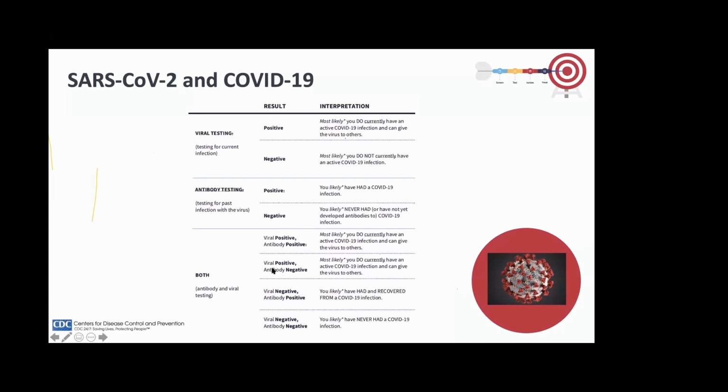If the viral is positive and the antibody is negative, probably this is an early infection where the patient has not developed antibodies yet. And if the virus PCR is negative and the antibody is positive, then probably this is a recovered patient. And if both are negative, probably this patient does not have the disease.